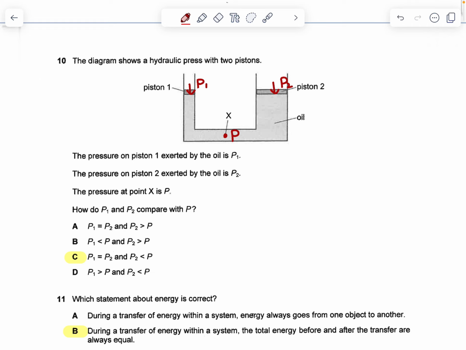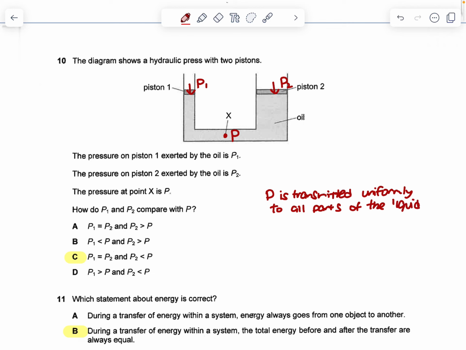So as we know, Pascal's principle states that if pressure is applied to an enclosed liquid, the pressure is transmitted uniformly to all parts of the liquid.